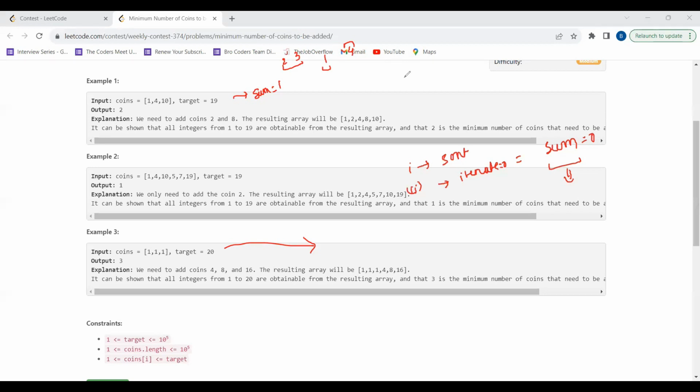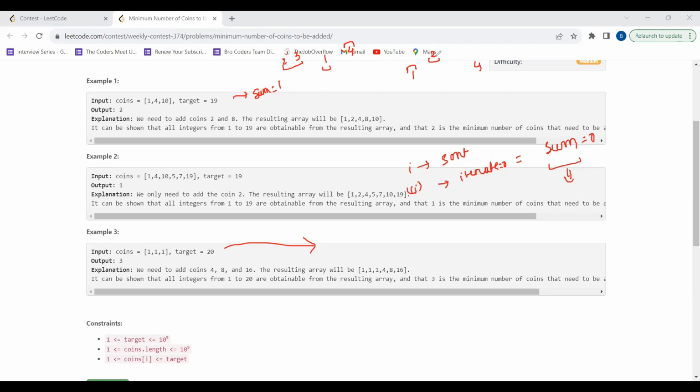So here I'm starting again. So I'll add 1. So the next thing which I'll search is the sum 2. I should be able to form 2 with the help of the given elements in the array. Can I form 2?